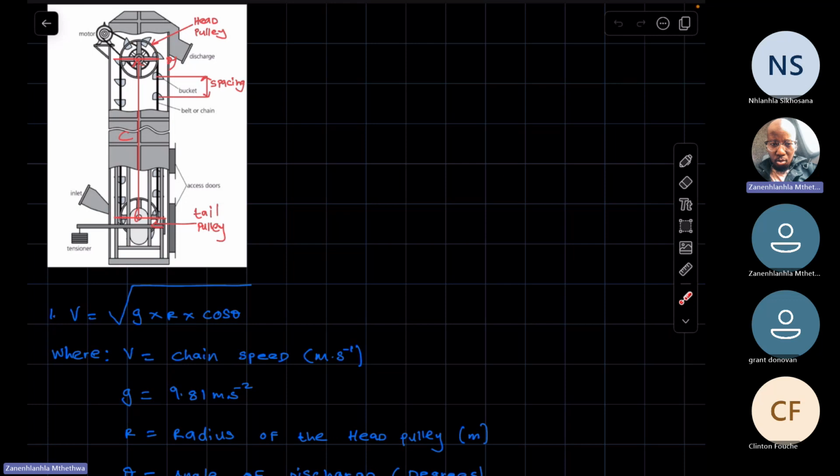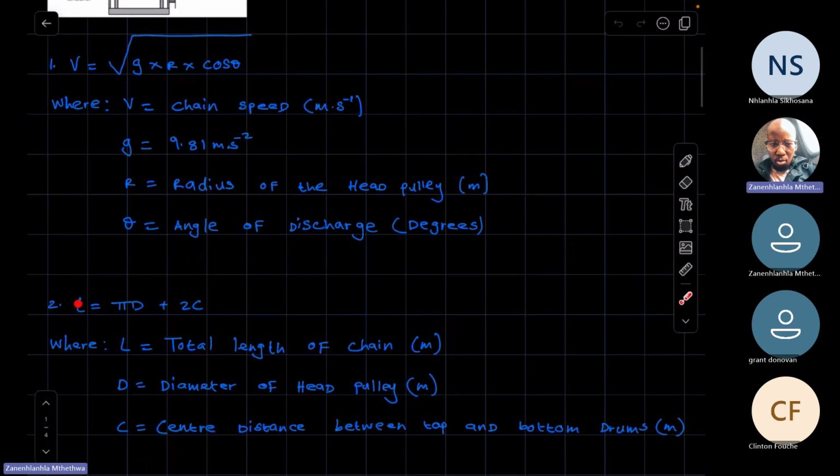Now, because the chain goes around half the circumference of this pulley as well as half the circumference of this pulley, that essentially makes a whole circumference, meaning that you can take that distance as the circumference, the circumference being equal to pi d. That is where this formula for length comes from.